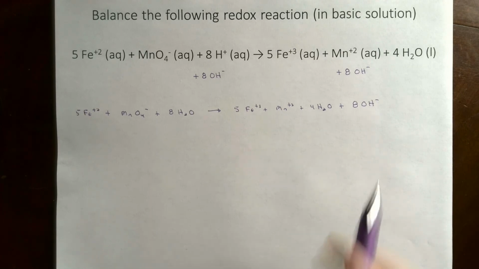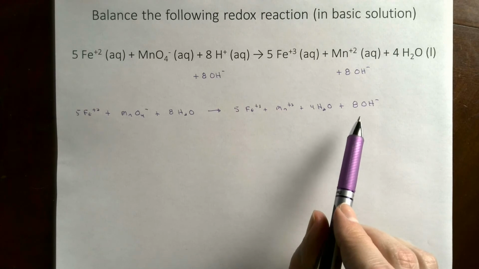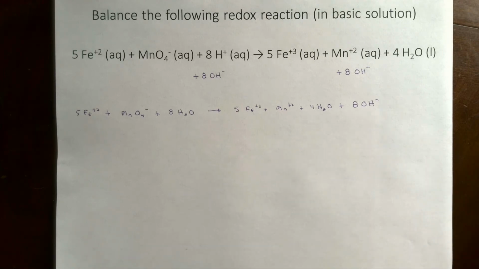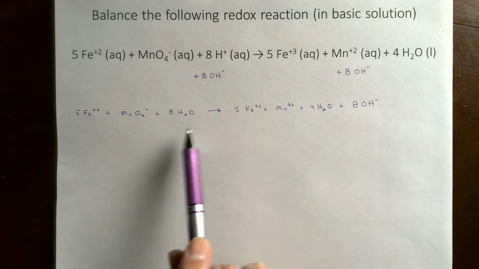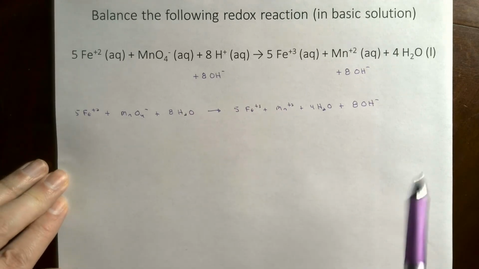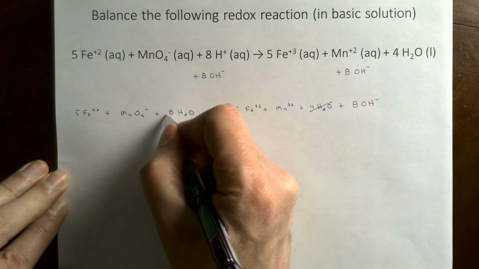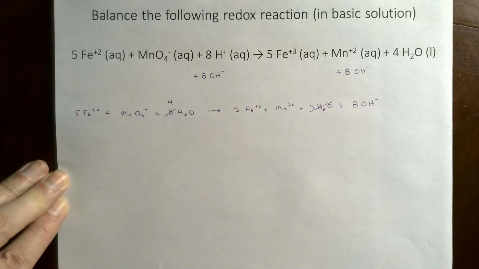You might say, oh, but that's basic solution, Dr. Ramsey, and indeed you would be right about that. But what is it that we have to take care of first? Yeah, those water molecules, right? We have water molecules on both sides, so we've got to get rid of them from one of the sides. So we're going to take 4 away from the right-hand side, and we're going to take 4 away from the left-hand side. Now we can just rewrite it.